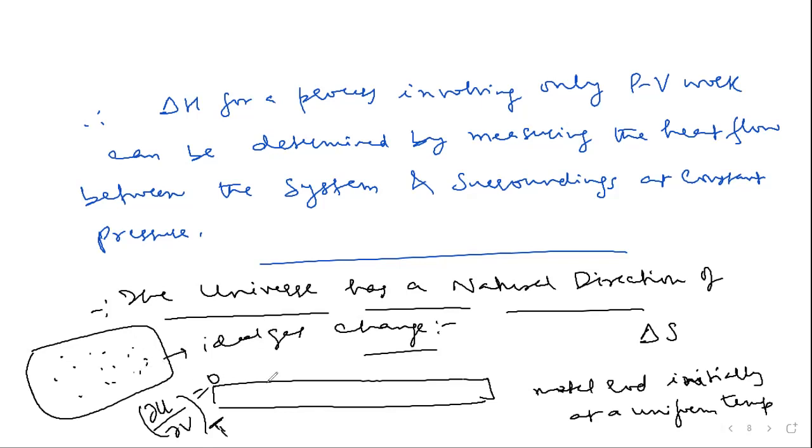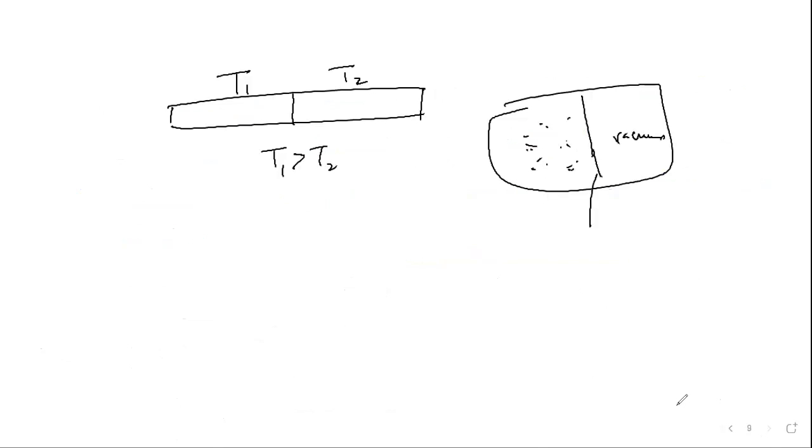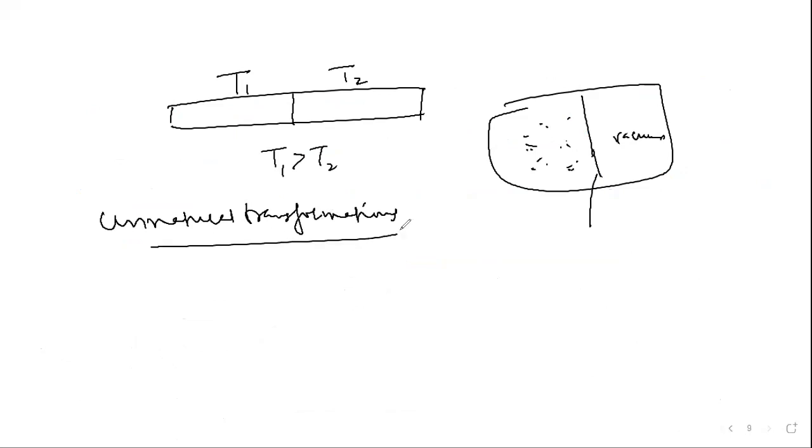Now, these two transformations never occur in nature, so they are called unnatural transformations, right? The word unnatural is used to indicate that in many human lifetimes, these transformations do not occur.